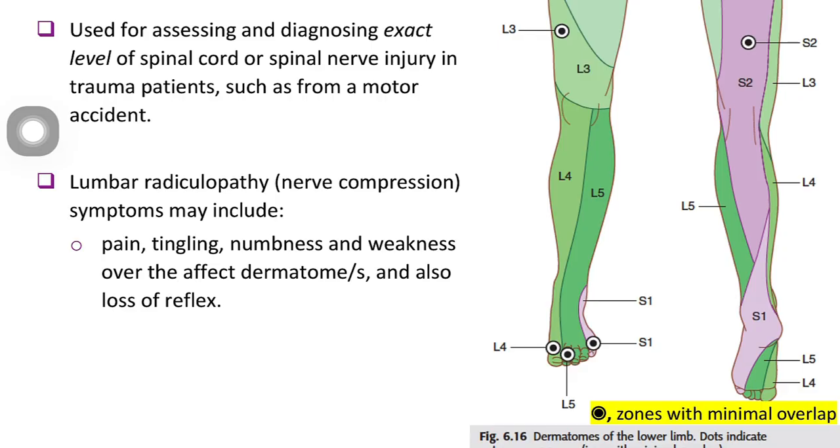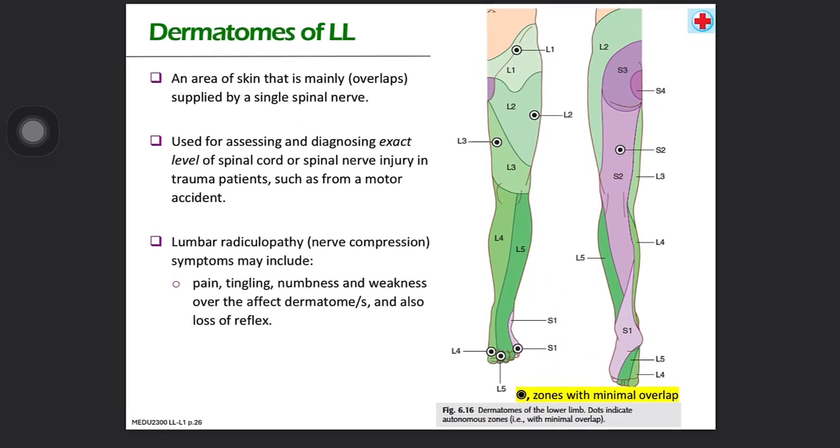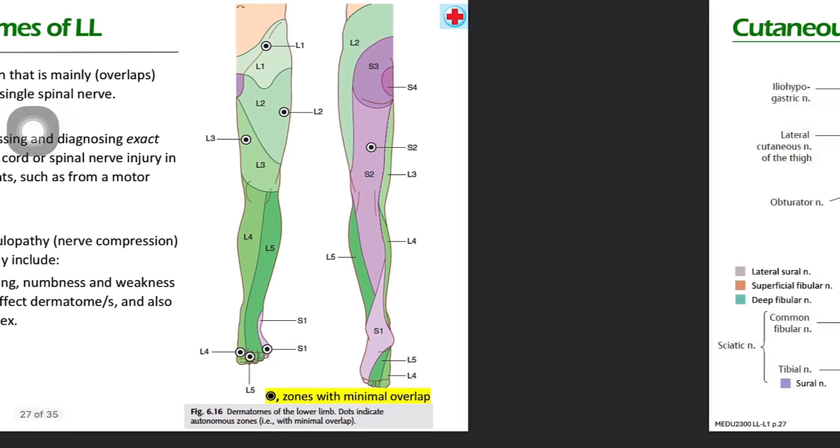The concerned spinal nerve root may be in trouble, so the patient may complain of tingling, numbness or weakness over the affected dermatomes, and or loss of reflex. We will talk about it in a minute.